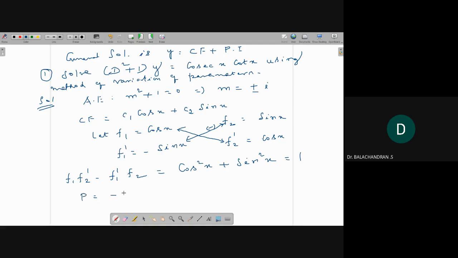P equal to minus integral of F2 into capital X divided by the denominator F1 F2 dash minus F1 dash F2, into dx. So F2 is sin x, X is the right hand side function cosecant x into cot x, and the denominator is 1.